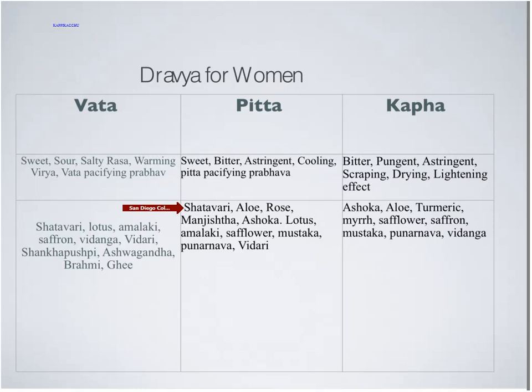It should not really be given to kapha person unless they're also kapha pitta or kapha vata. Or if you are giving shatavari to a kapha person, especially a kapha woman, you want to make sure that you're putting the other herbs that pacify kapha or negate the effect of shatavari in their case.